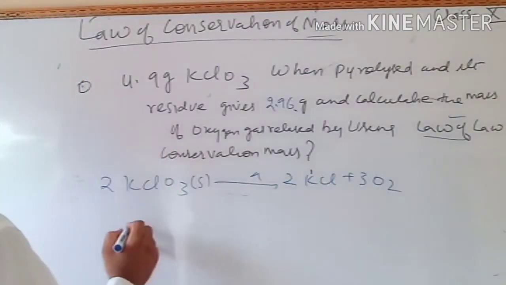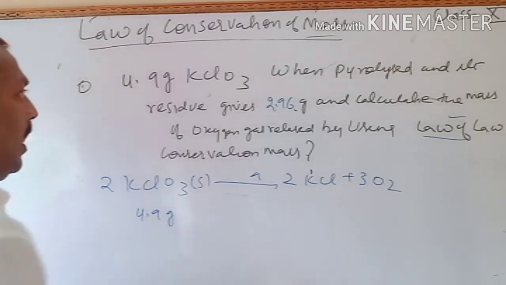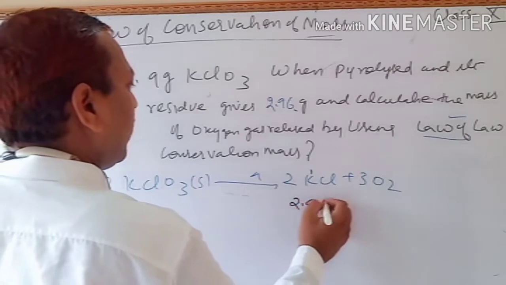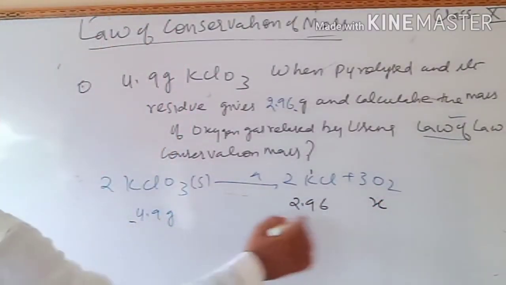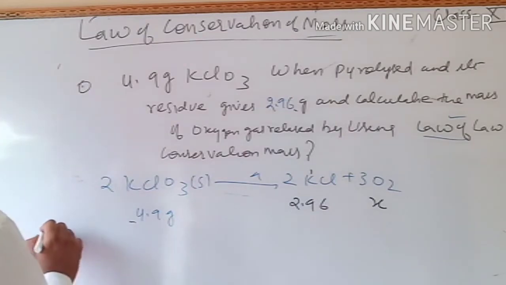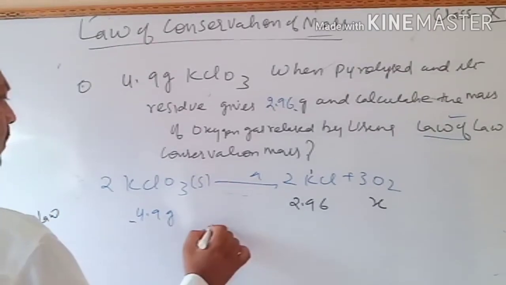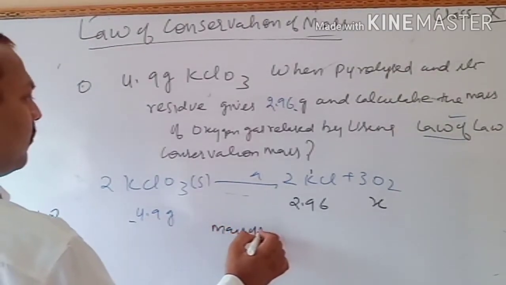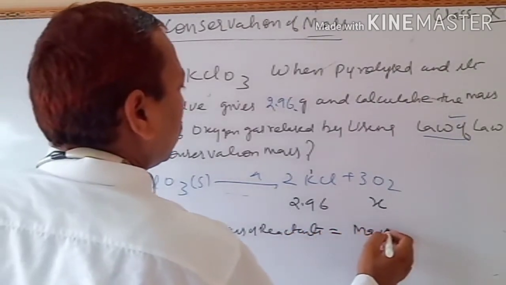So the value given here is 4.9 gram and 2.96 gram. Here we will assume the oxygen mass as X. So applying the law of conservation of mass, total mass of reactant is equal to mass of product.